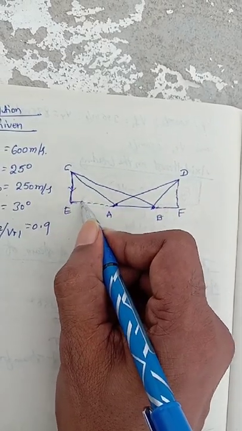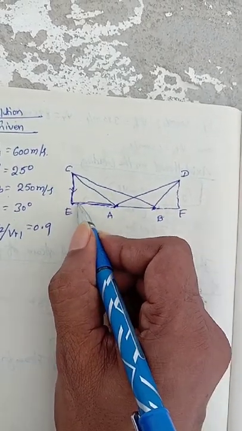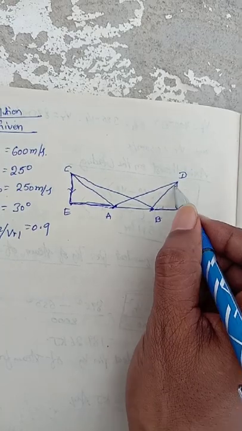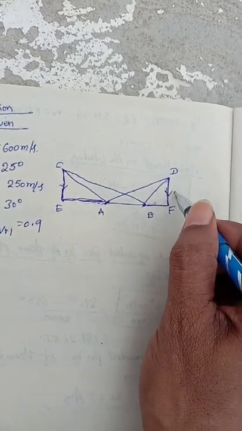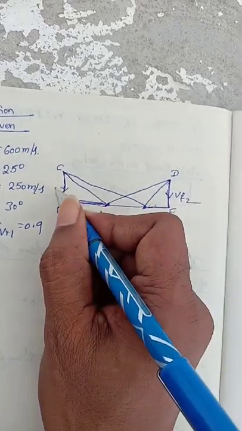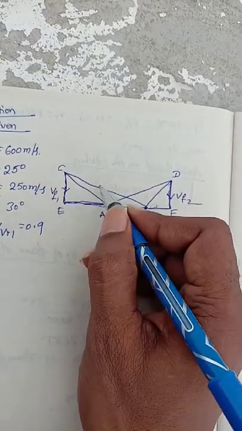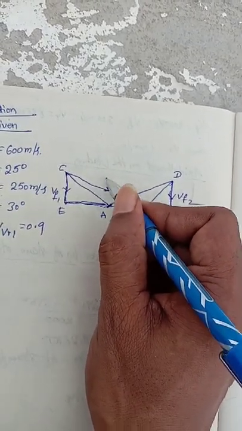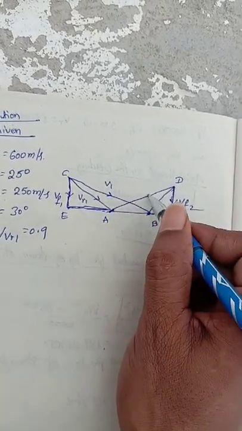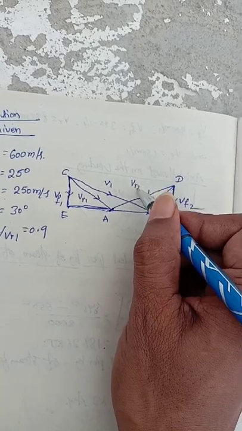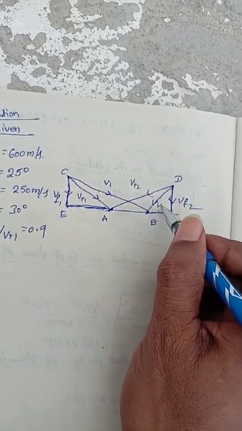You can draw a line here also, no problem. So VF2, VF1, V1, VR1, VR2, V2.